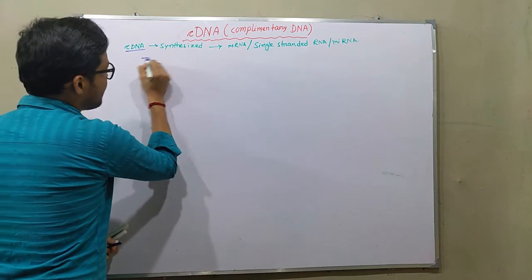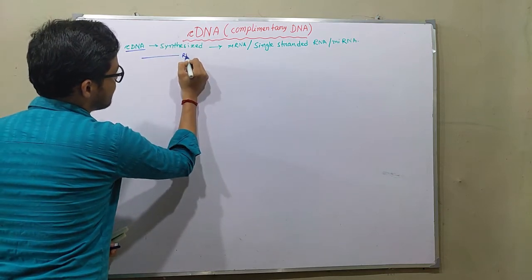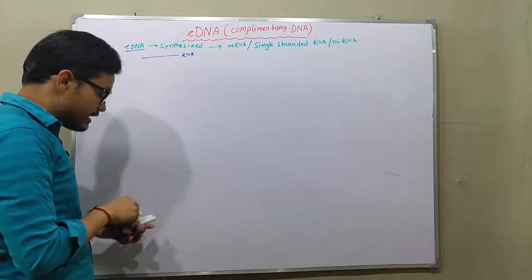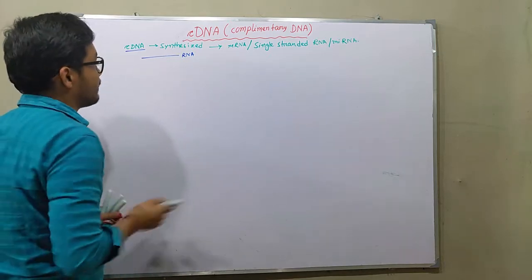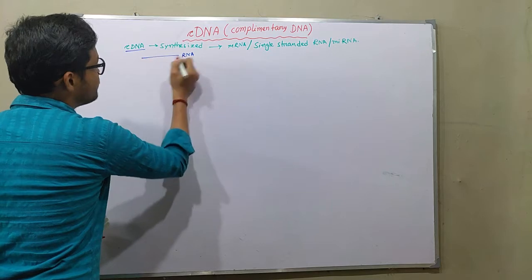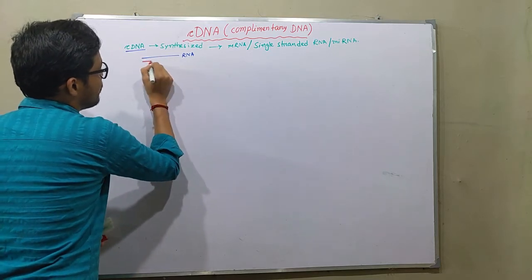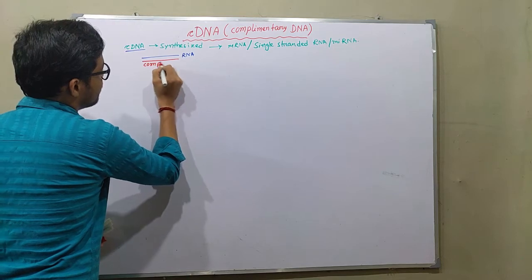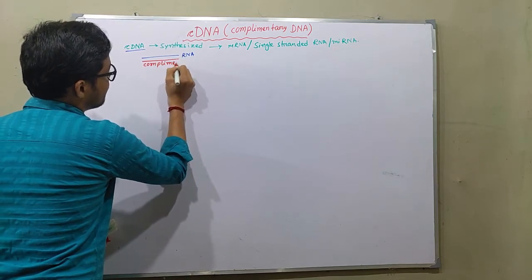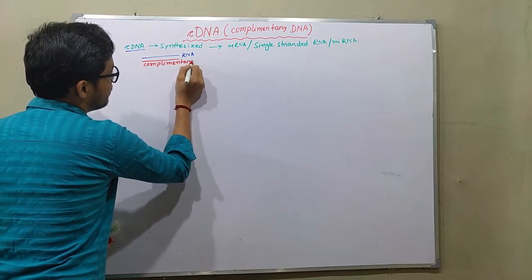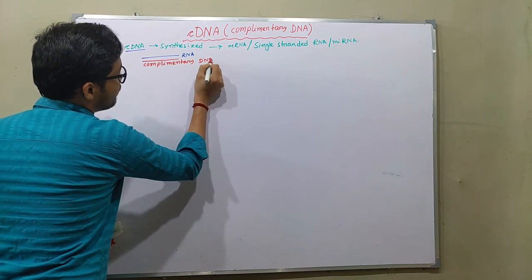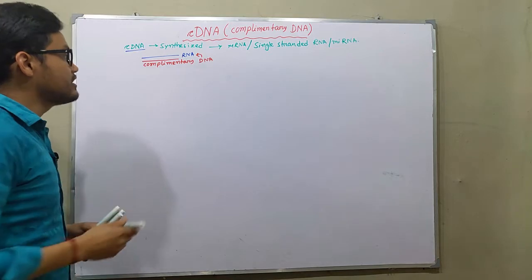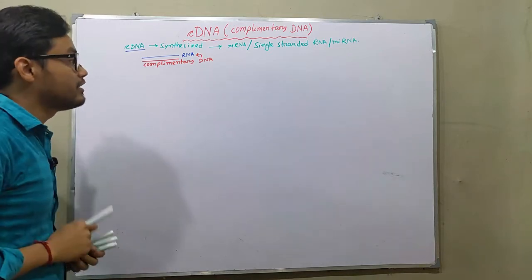If we consider a single-stranded RNA, it will be our template, and with its help we can produce a complementary DNA of this particular RNA. That is why it is known as cDNA, or complementary DNA.